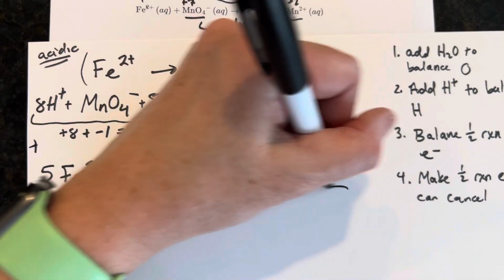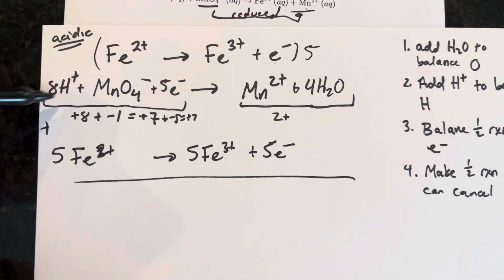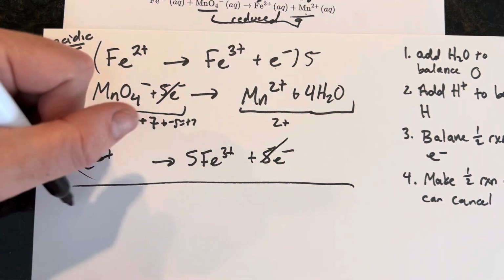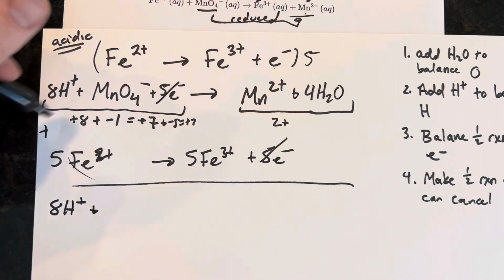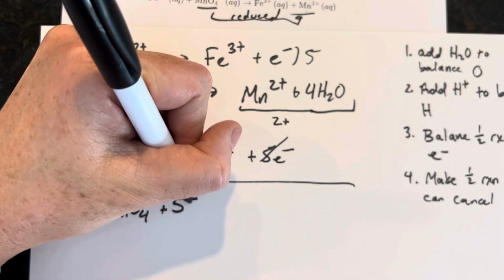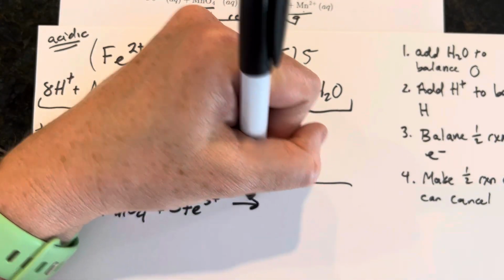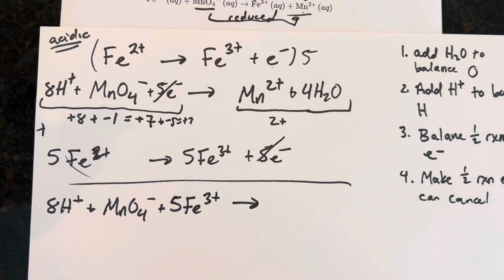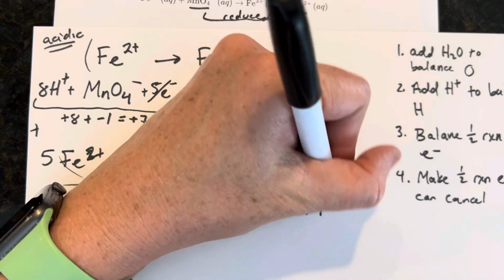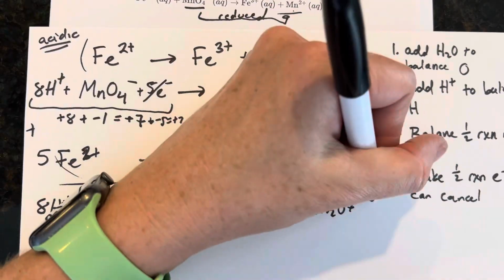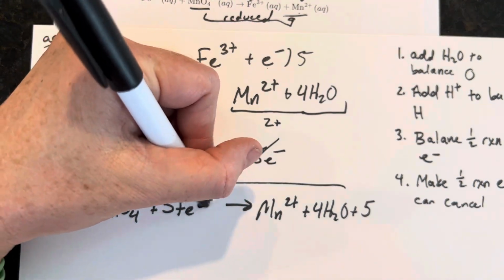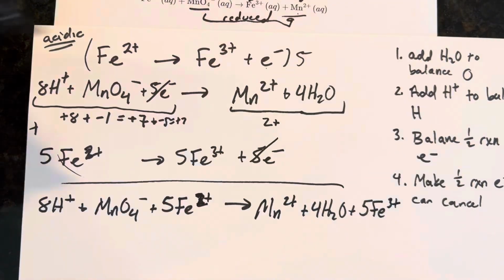And now I can add those suckers up. So don't forget, we're talking about all of this stuff except for the 5 electrons, which will cancel. So I've got 8H+, plus permanganate, plus 5 of these iron 2 ions, yielding Mn2+, plus 4H2O, plus 5 of these iron 3 ions.